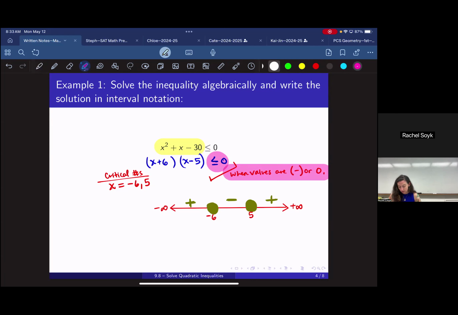And so all we have to do is highlight the range where it's negative on our number line. That gives us our answer.